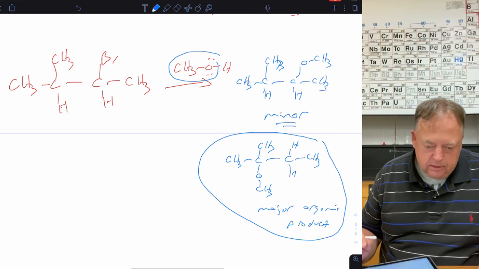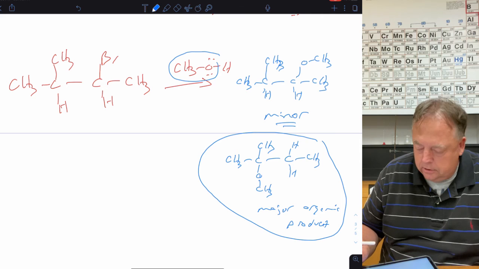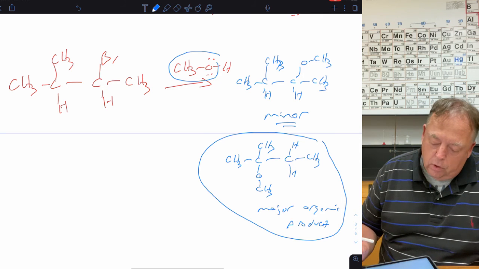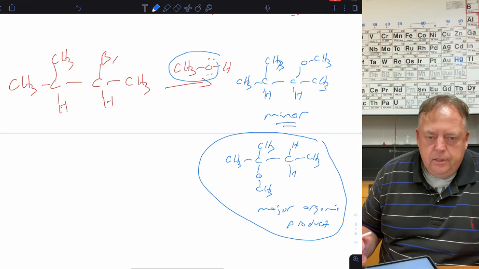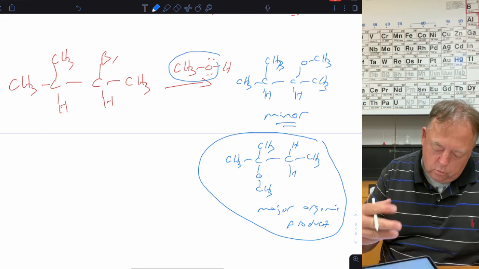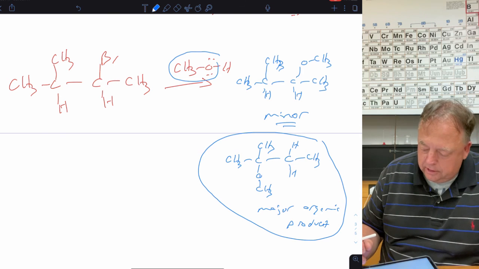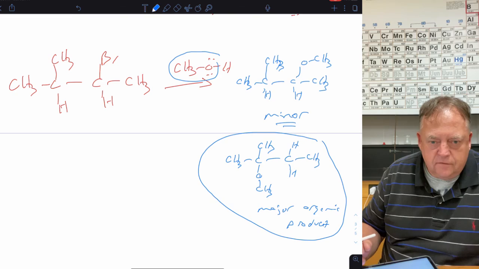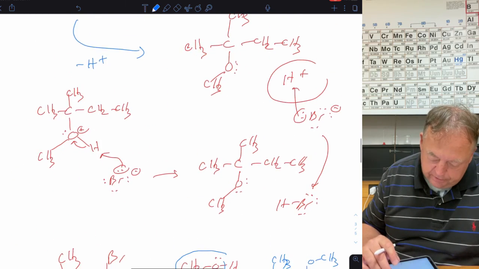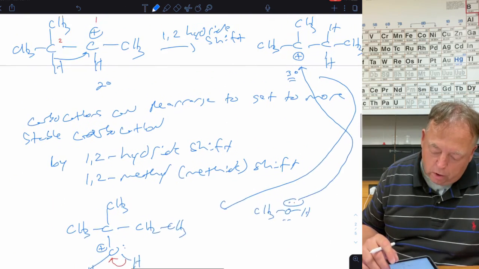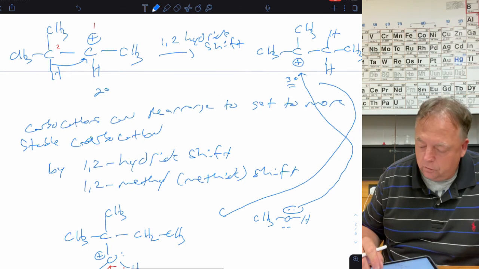And so every single time you do an SN1 reaction in this class, you always have to be conscious of a possibility for a rearrangement. And we'll look at a few more examples so that it becomes easier to hopefully identify that. But in general, anytime you make a carbocation, you always have to look for a possibility for rearrangement.